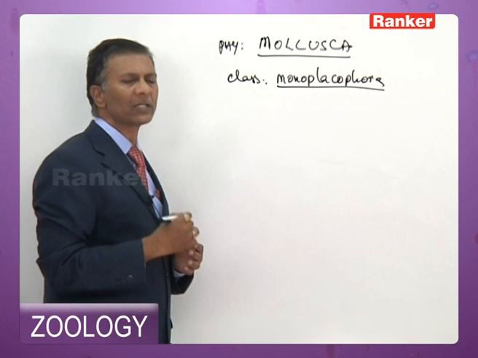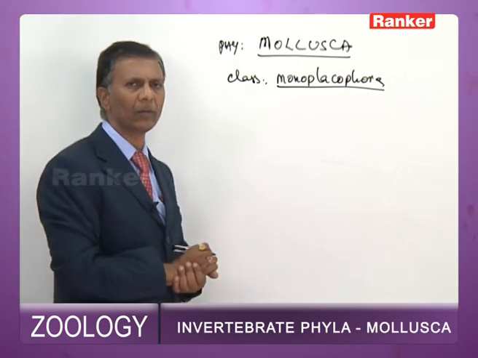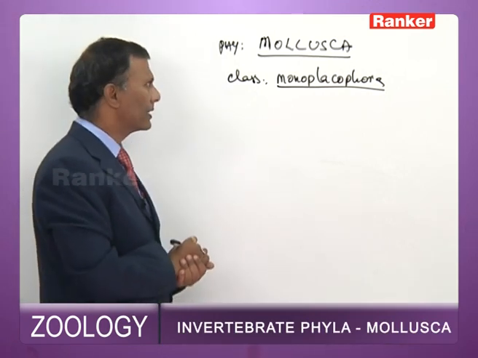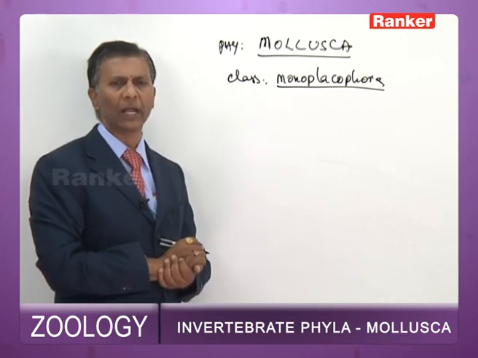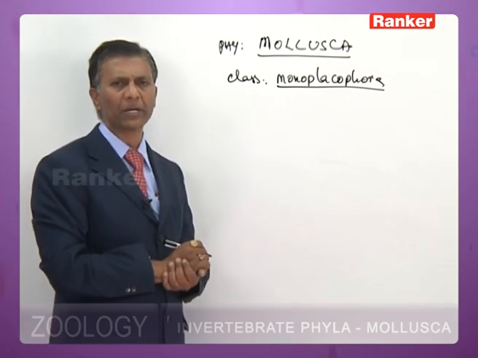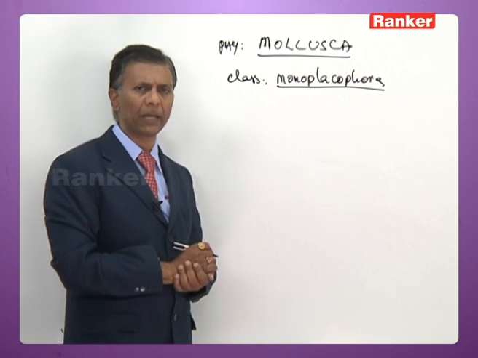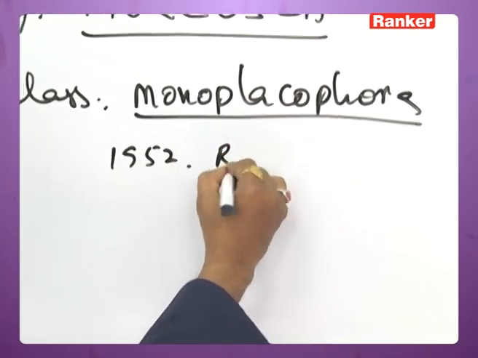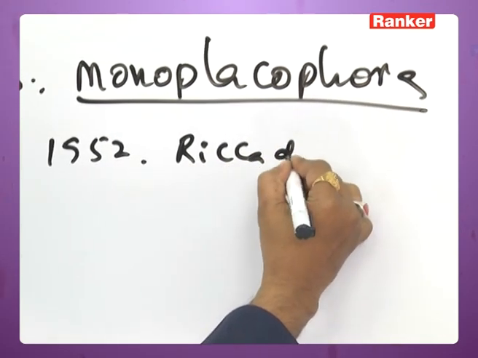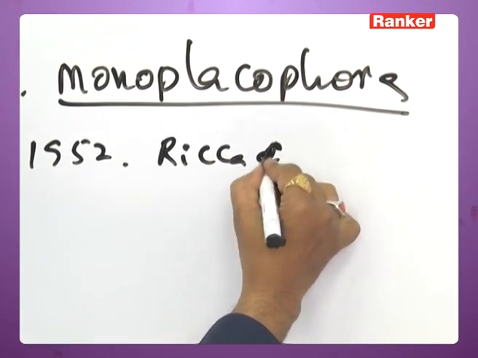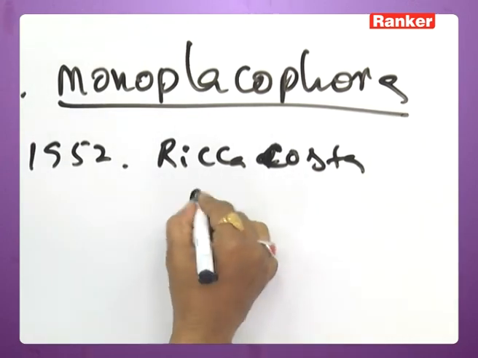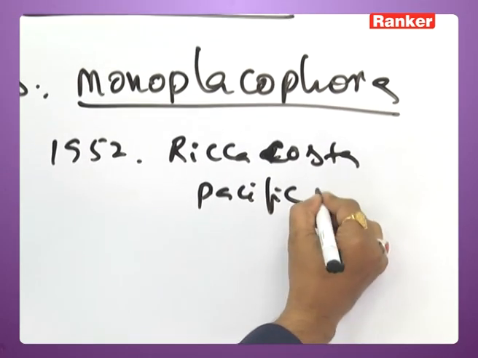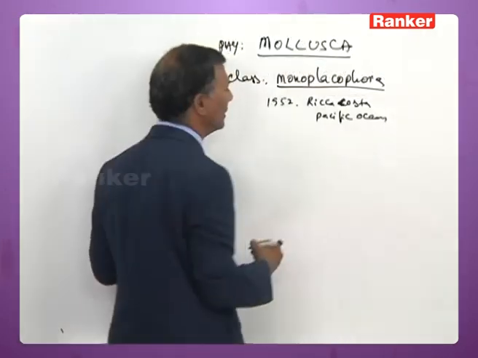The Monoplacophorans are also marine, and they were supposed to be extinct. All the scientists were under the impression that all the Monoplacophorans had become extinct. But in the year 1952, off the coast of Costa Rica in the Pacific Ocean, they were once again discovered.